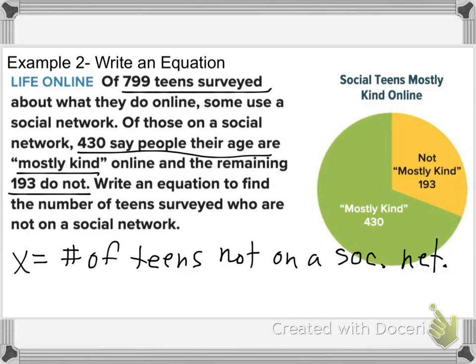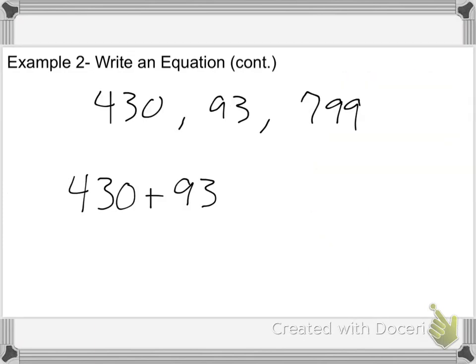That's the number of teens not on a social network. So the teens surveyed, 430 plus 193 are on a social network, and then this X represents the teens that are not on a social network. Right? So 430 plus 193 plus X is going to equal what?